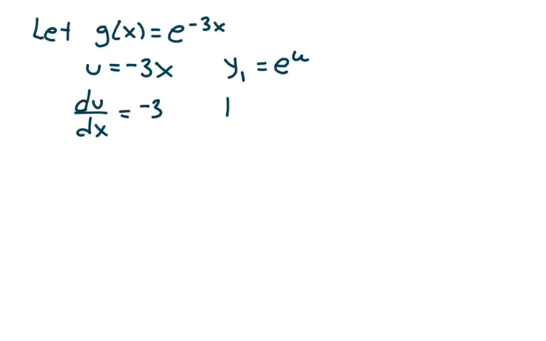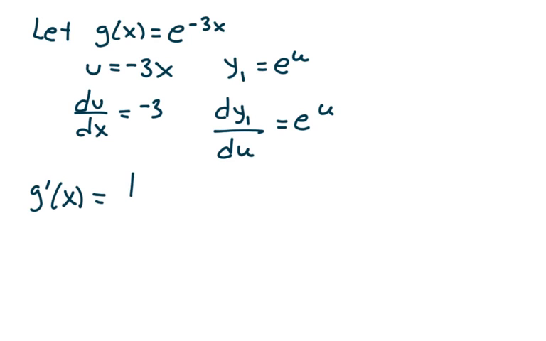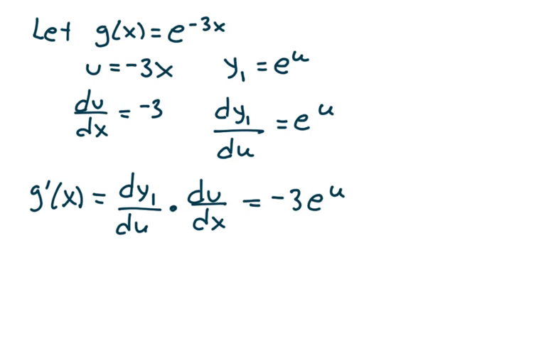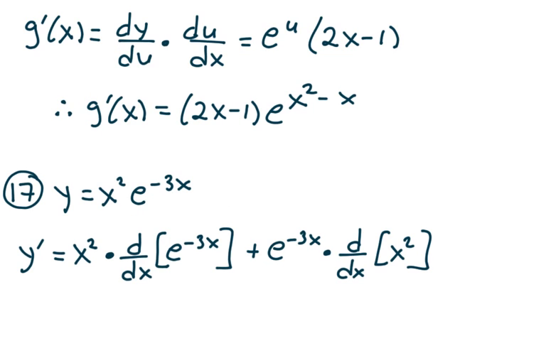And so the derivative of y1 with respect to u is equal to e to the u. Okay? And so g prime of x is equal to dy1 du times du dx, which is going to equal negative 3e to the u. But remember that u is negative 3x. So this is negative 3e to the negative 3x. Okay. Now, we need that over here.